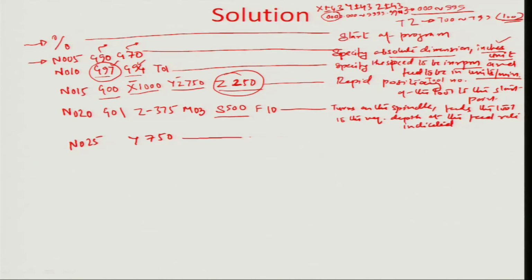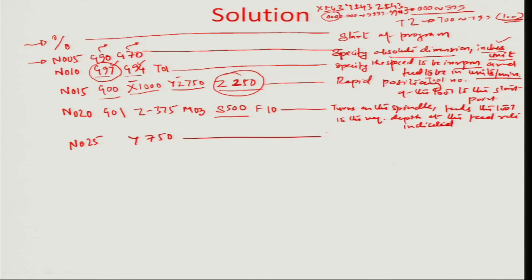This is the only axis motion command that we are using, which means the controller merely moves the tool from the Y step of 2750 all the way to Y750. We have already predefined the feed rate earlier.